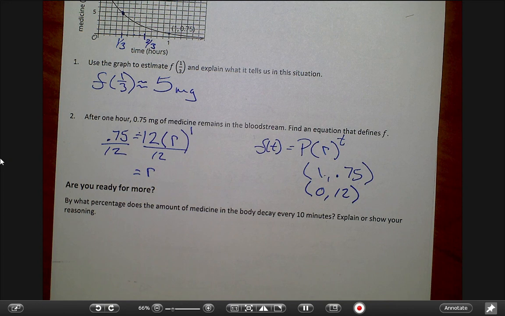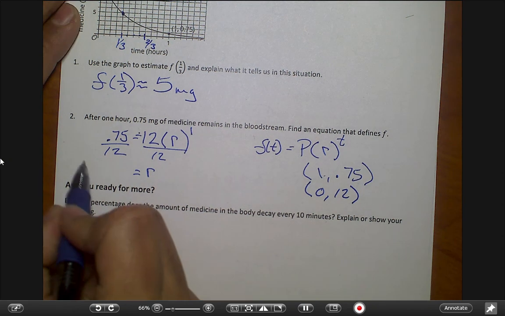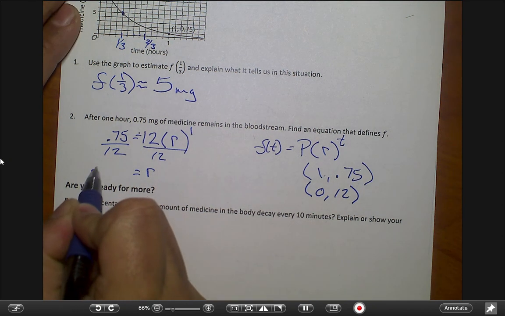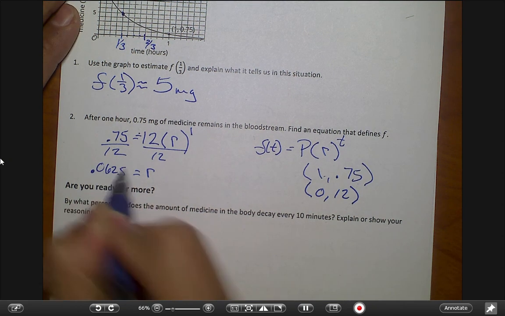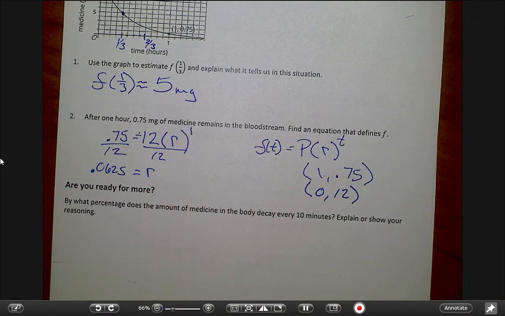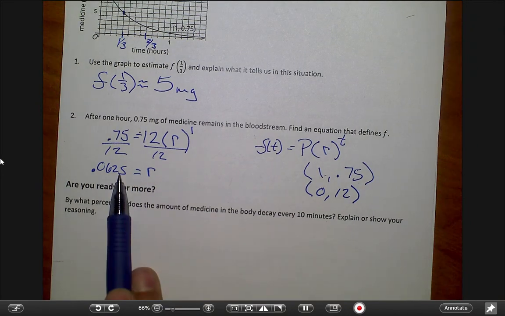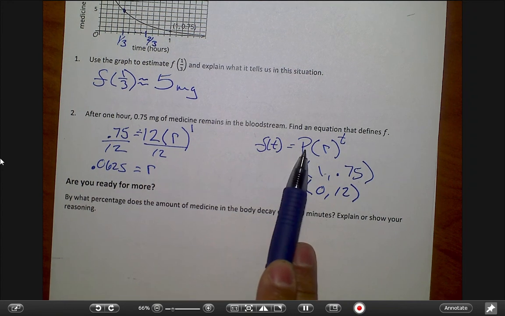So people are calculating. 0.0625. There we go. Now, we know what r is. We know what p is.